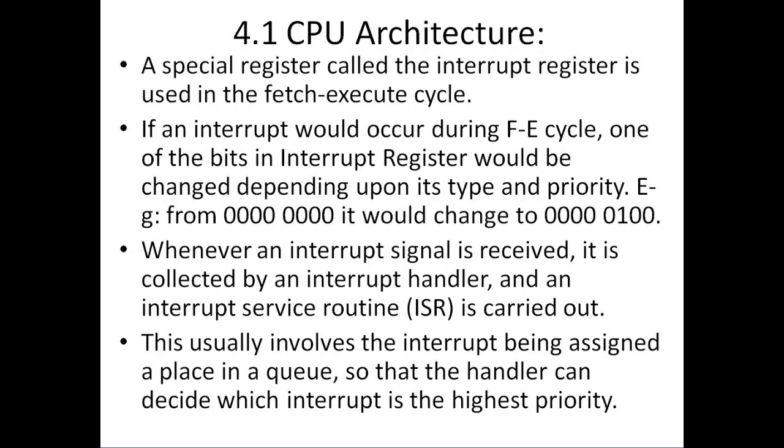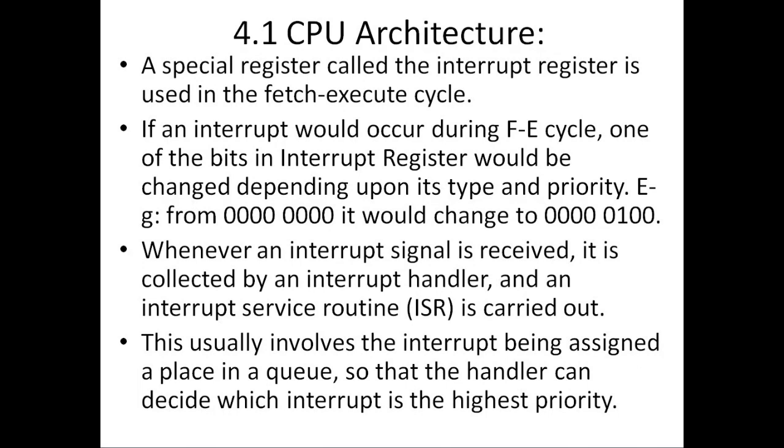Then we can have hardware based interrupts as well, about which obviously you have studied in your O level, such as paper stuck in printer, printer out of paper, printer out of ink, etc. A special register called the interrupt register is used in the fetch execute cycle. If an interrupt occurs during a fetch execute cycle, one of the bits in the interrupt register would be changed depending upon its type and priority.